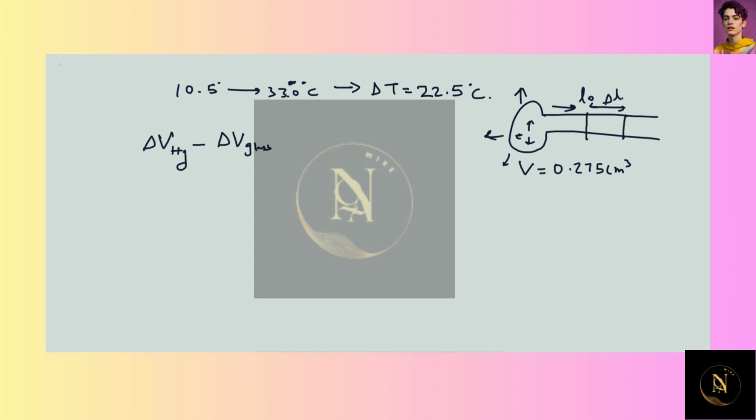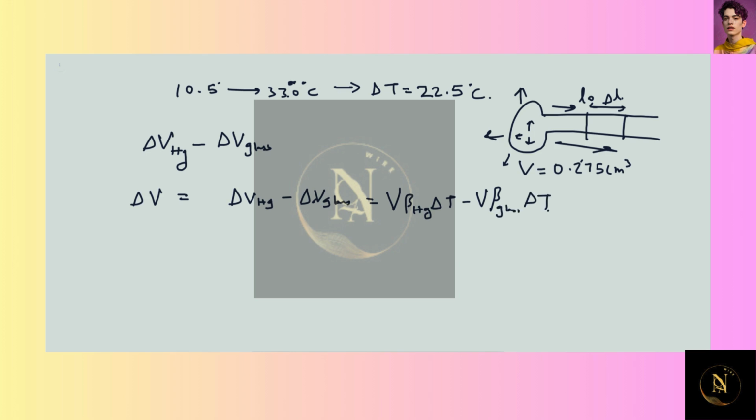So the net increase in the volume in the tube would be, let's say, delta V. That would be delta V Hg minus delta V glass, which corresponds to the volume of the bulb times beta of mercury times delta T minus the volume of the bulb times beta of glass times delta T.